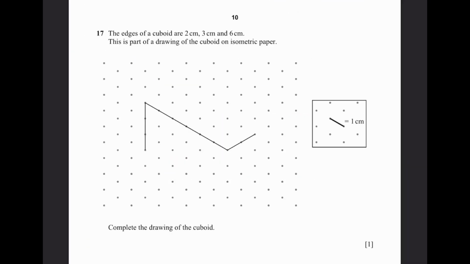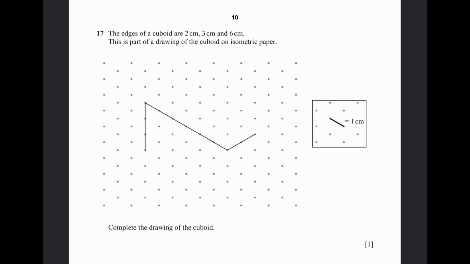Question 17. The edges of a cuboid are 2, 3, and 6 centimeters. Here is part of a drawing of the cuboid on isometric paper. Complete the drawing of the cuboid. So you can see that this is 6 centimeters, 3 centimeters, 2 centimeters.